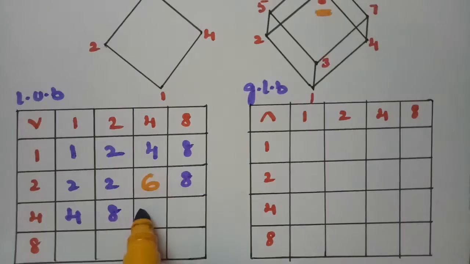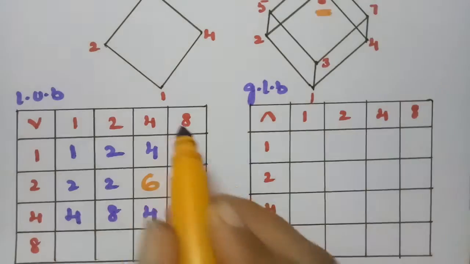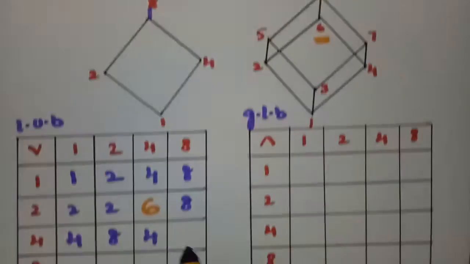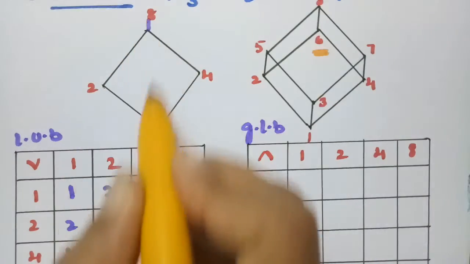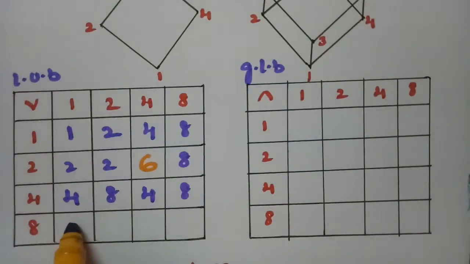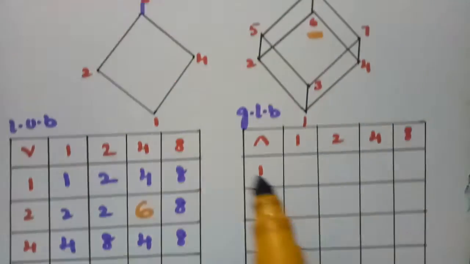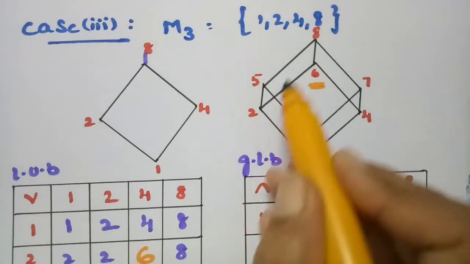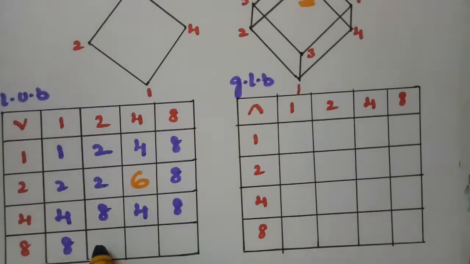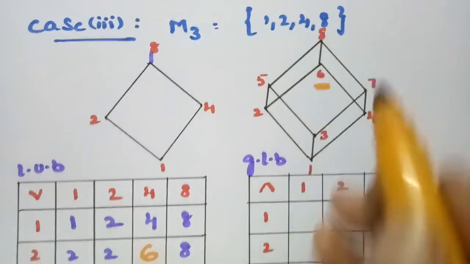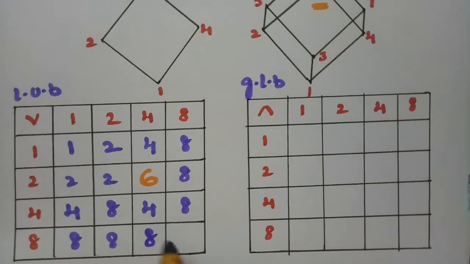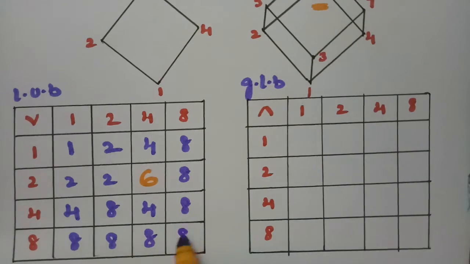For 4 and 4, the upper bound is 4. For 4 and 8, the upper bound is 8. For 8 and 1, 8 is an upper bound. For 8 and 2, 8 is an upper bound. For 8 and 4, 8 is an upper bound. For 8 and 8, it is 8.